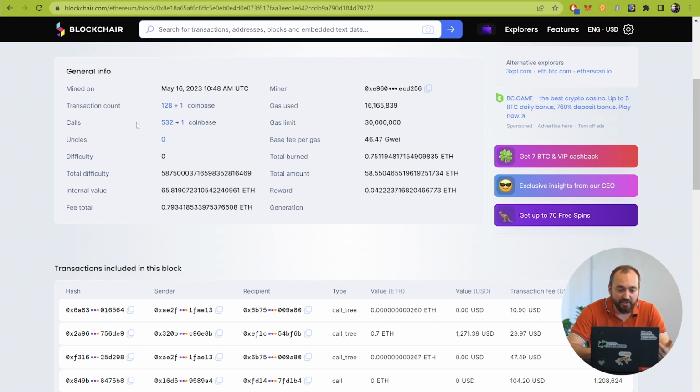It's 100 transactions and more than 500 calls, not transactions, but calls. It means someone is calling a smart contract. That means Ethereum is mostly used for working with smart contracts.